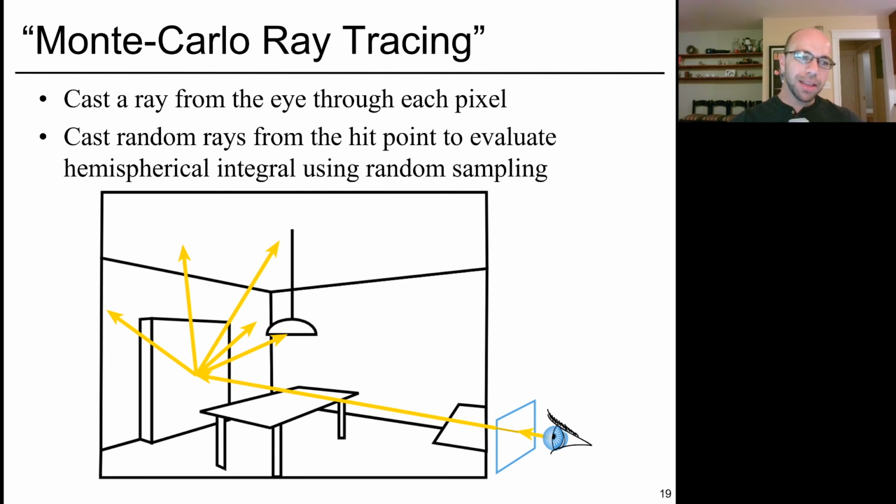So remember that our goal here is to solve the rendering equation. In particular, we don't need to solve it everywhere. Really, all we need to figure out is that we draw a ray from our eye into the scene, and we find the first place that it runs into.